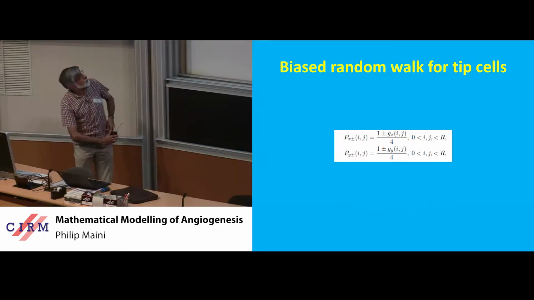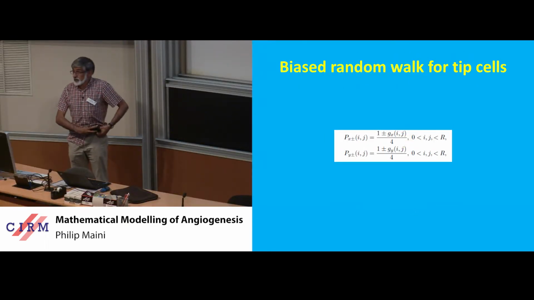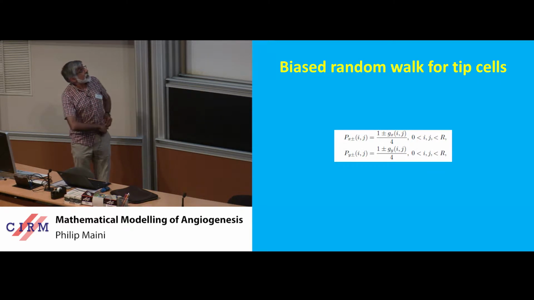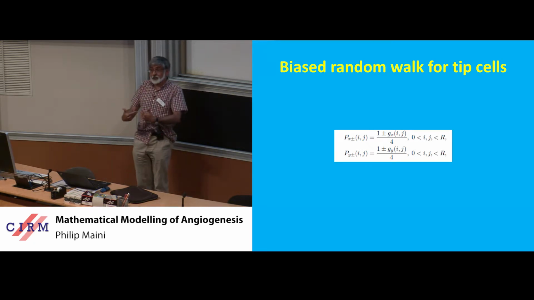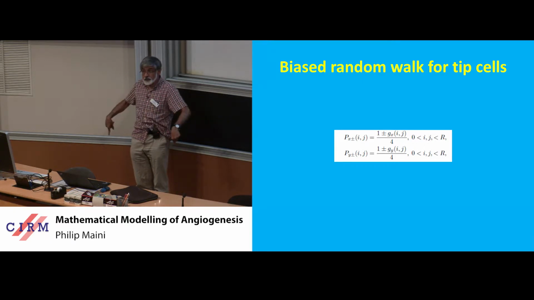And what we're going to do then is we're going to have a square lattice, and then we're going to have the probability of moving. So if it was just random movement, and you're in a square lattice, moving to nearest neighbors, von Neumann neighborhood, you have 4 possibilities. So there's a quarter probability of moving to each one of them.